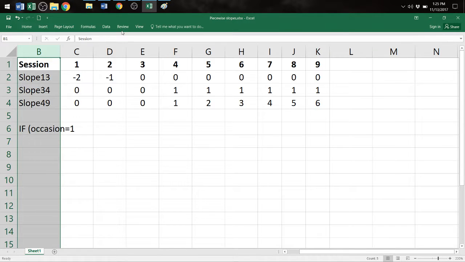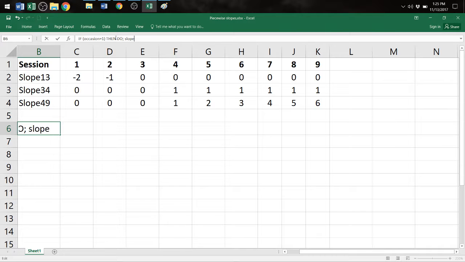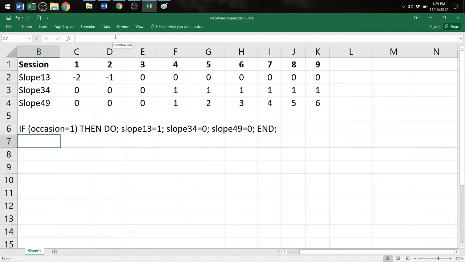So if I wanted to do this longhand, it would be something like: if occasion equals 1, then slope 1,3 equals 1, slope 3,4 equals 0, slope 4,9 equals 0, and so on, right? Longhand would do one of those statements for every possible occasion. Not wrong, but not as parsimonious of code as it could be.